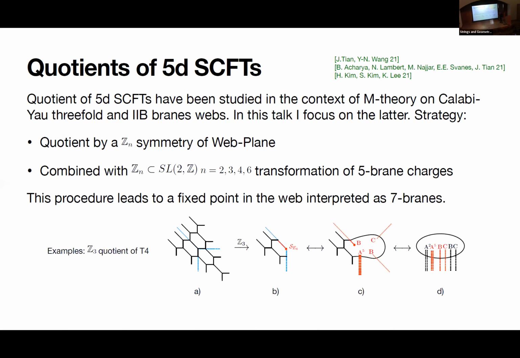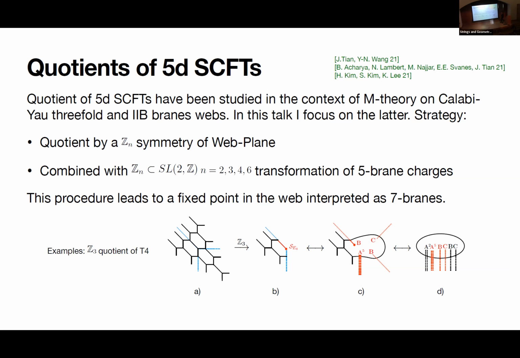This procedure will indeed lead to a fixed point at the center of the web, where this action has a fixed point, and this will be interpreted as a 7-brane. As an example, you can take a Z3 quotient of T4. T4, like all Tn, has a Z3 symmetry, so you can quotient by Z3.